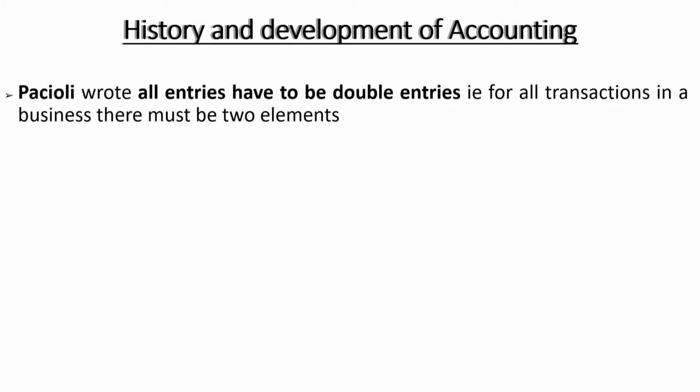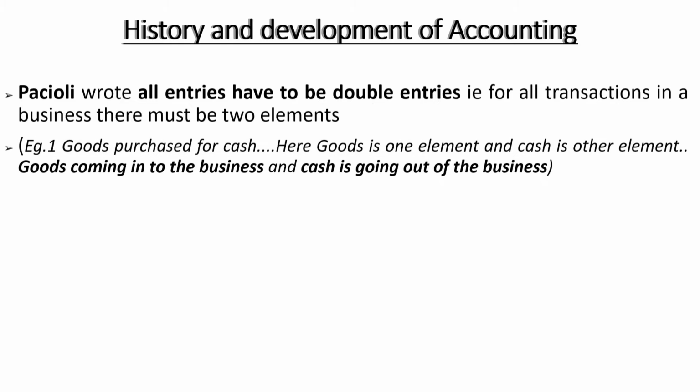So here two elements are involved. The first element is goods going out of the business, and the second element is cash coming into the business. Another example is goods purchased for cash. Here goods is one element and cash is the other element. Goods are coming into the business and cash is going out of the business.